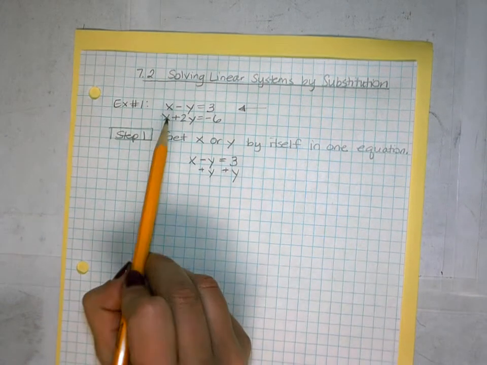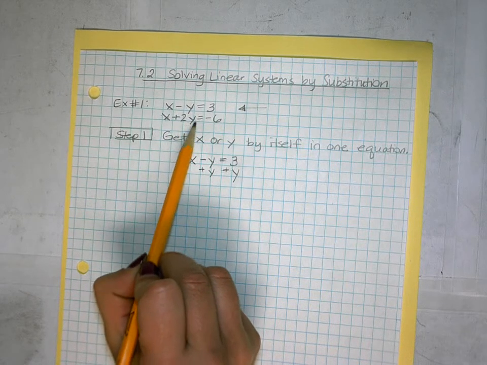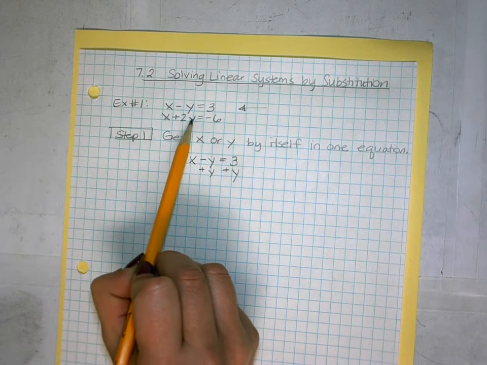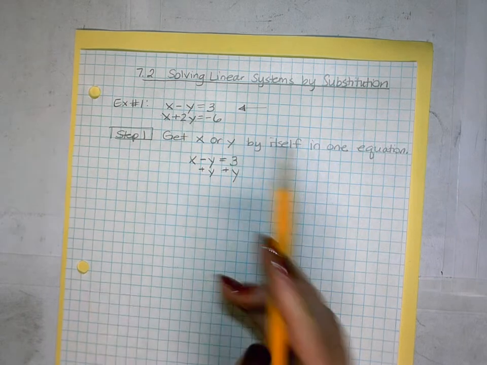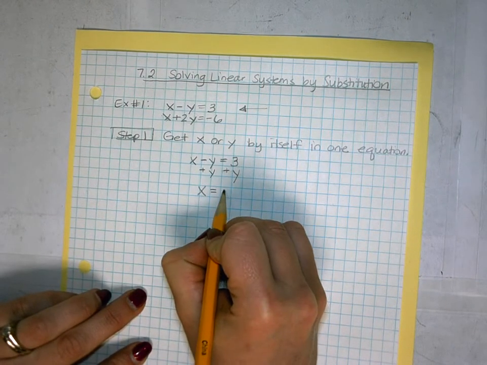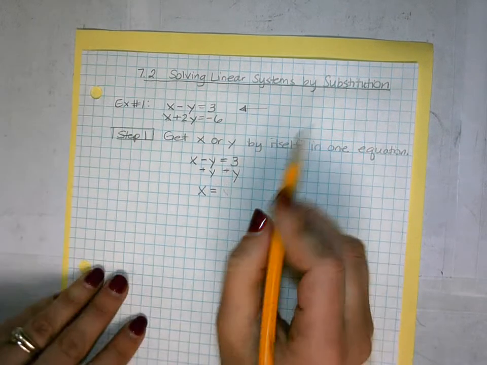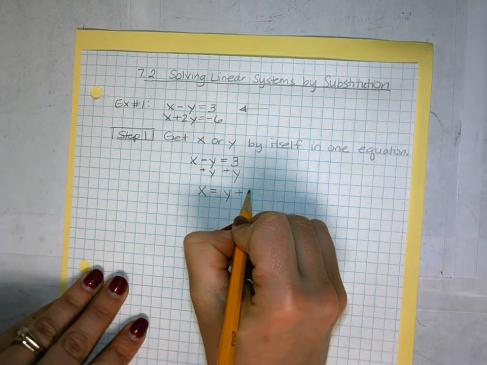Choose the variable that has a leading coefficient of 1. This would not be a good idea to try to get this y by itself, because you will end up with fractions. So I end up here with x equals either 3 plus y, or y plus 3. Let's do y plus 3, it doesn't really matter.